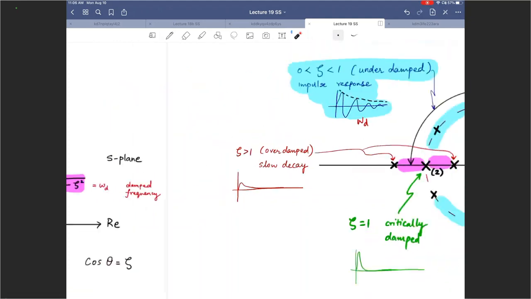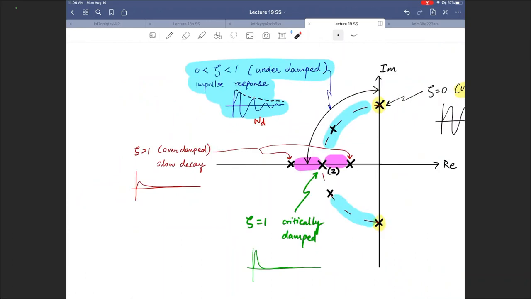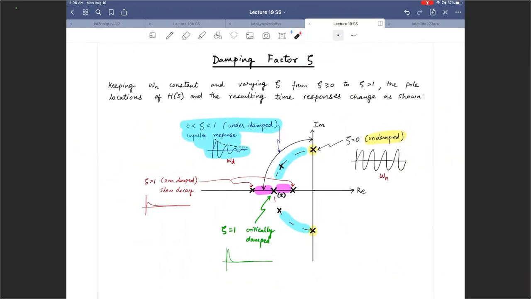So to go back and take a look at this, when you have an undamped situation, your poles are both on the imaginary axis, and as you increase the damping factor, each pole moves on that semicircle to meet at the horizontal axis, the real axis.